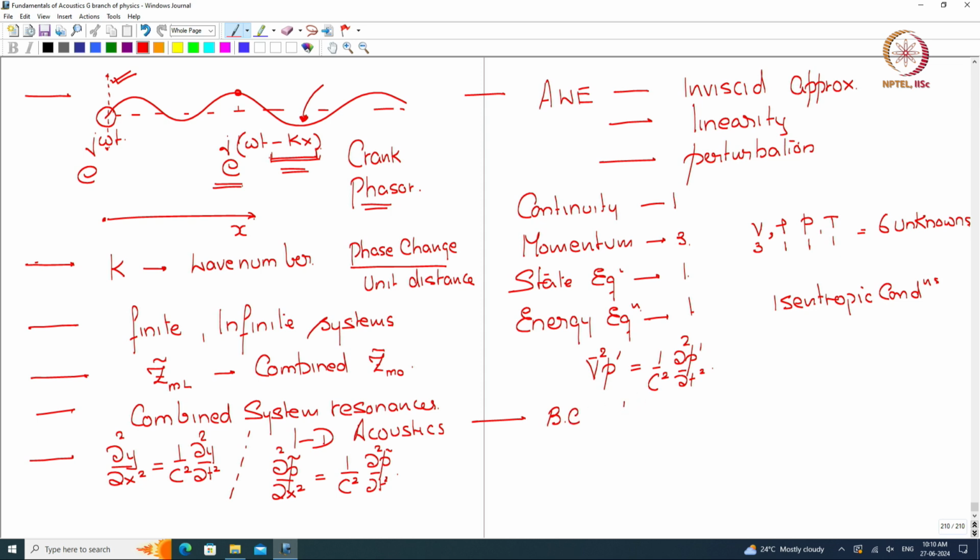Homogeneous pressure can be 0, or del p dash del x can be 0, which is velocity, or an impedance condition where pressure over velocity is some condition.